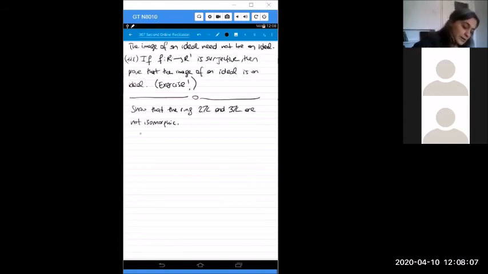Now assume that f from 2Z to 3Z is an isomorphism.